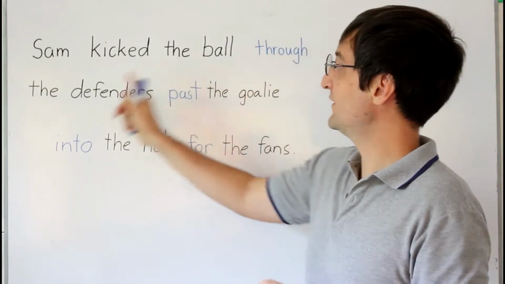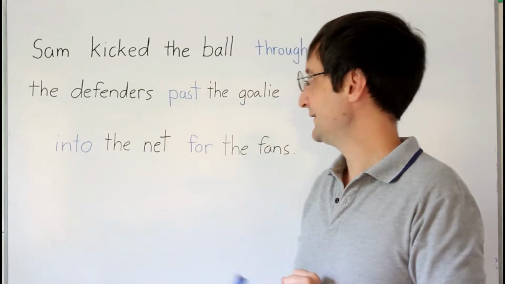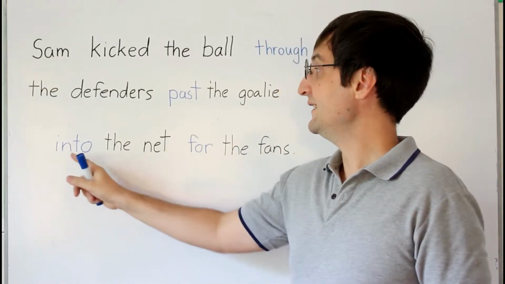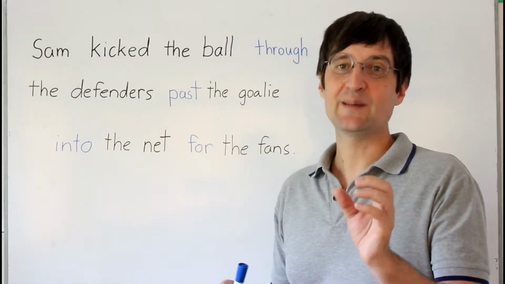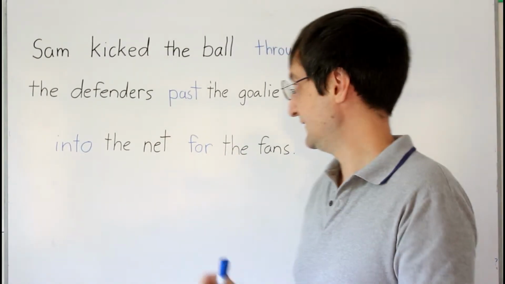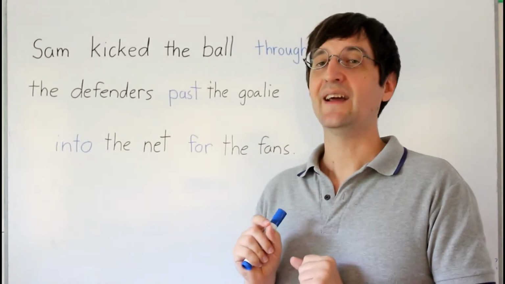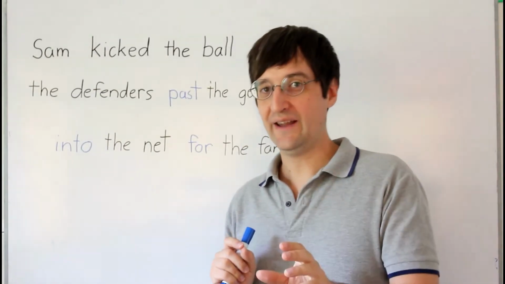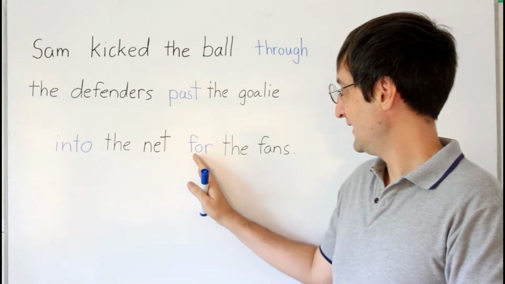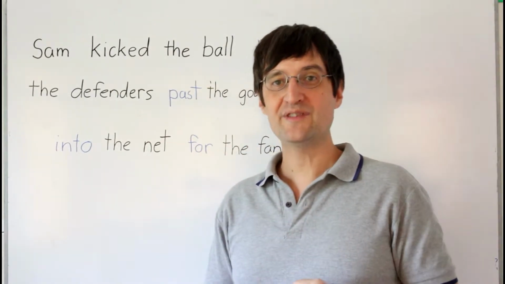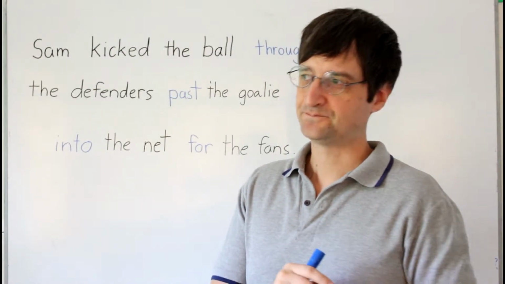Through the defenders is a prepositional phrase. Past the goalie is a prepositional phrase. Into the net is a prepositional phrase. For the fans, you guessed it, a prepositional phrase. So the preposition and the noun together, we call that a prepositional phrase.